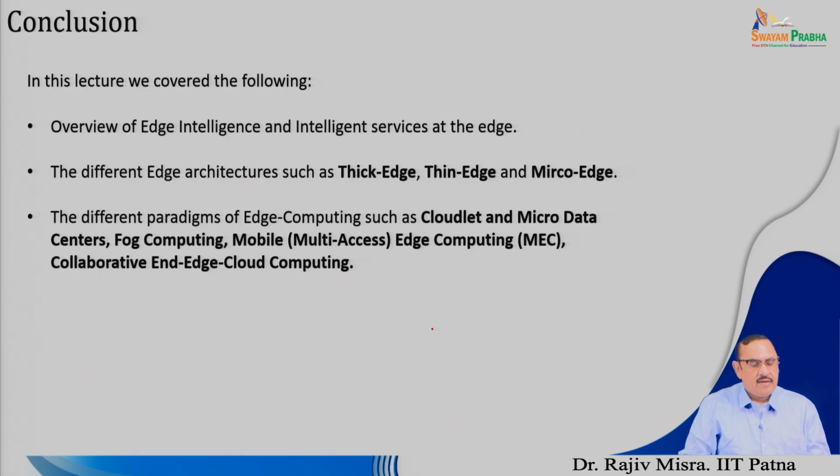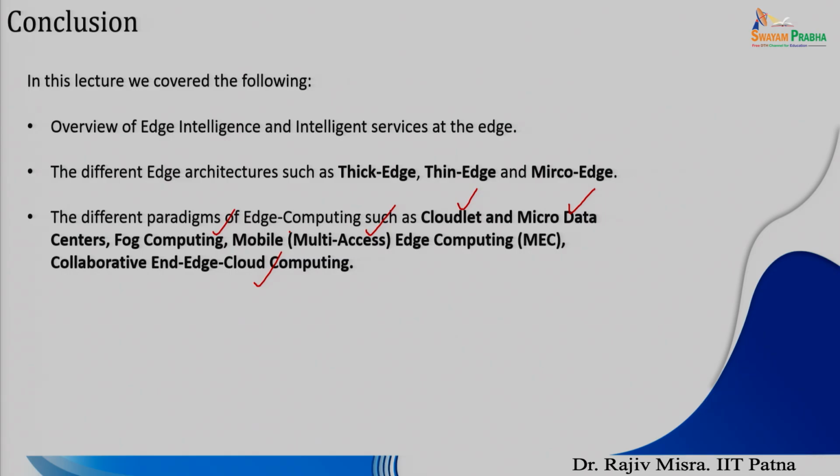We have also seen different edge computing paradigms in this lecture, such as cloudlet, micro data centers, fog computing, mobile or multi-access edge computing, and collaborative and edge cloud computing.